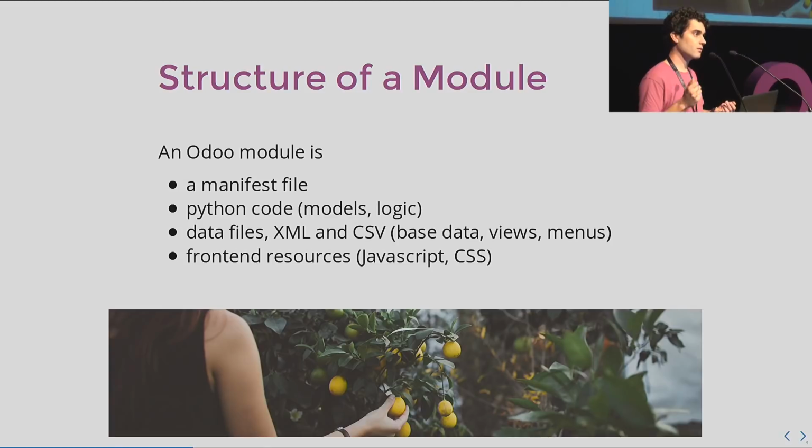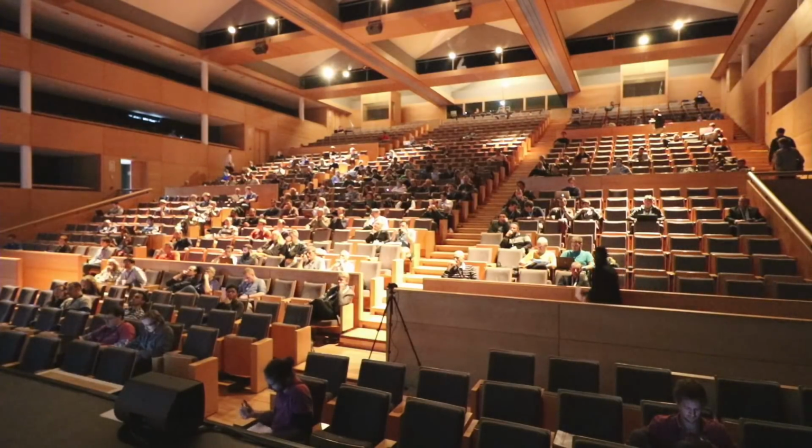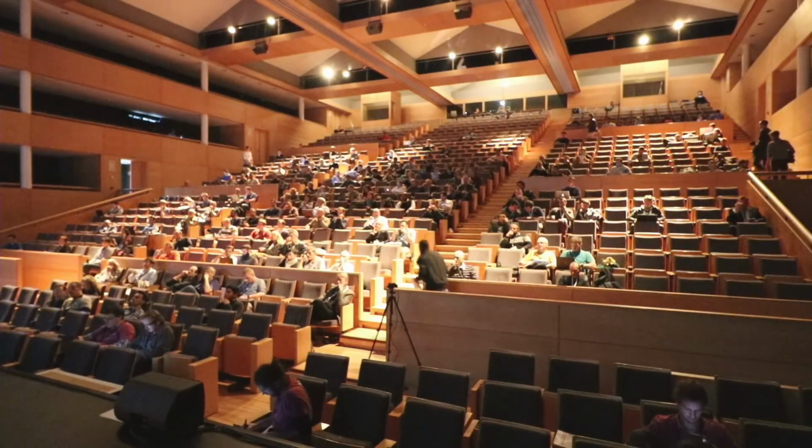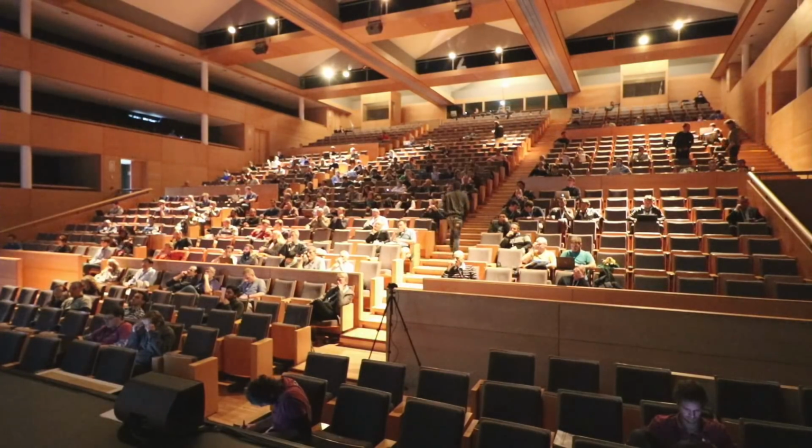Data files are usually written in XML, but you can also use some CSV. And we have some front-end resources like JavaScript, CSS, some images. I will not talk about this part today, but in the following presentation, Thibaut and Martin will talk a bit more about the JavaScript part.